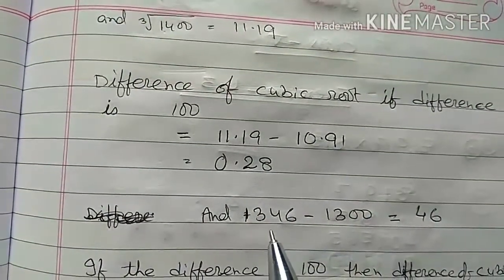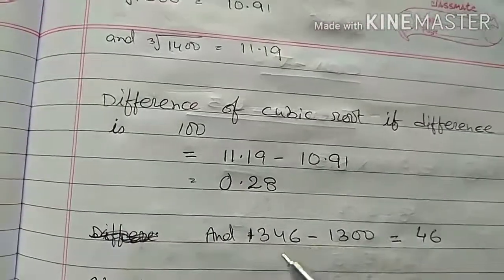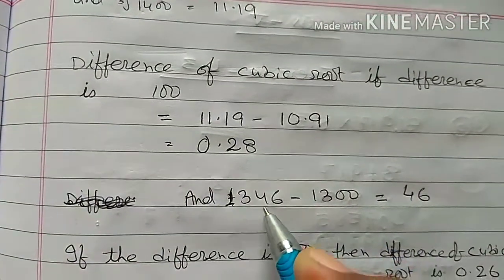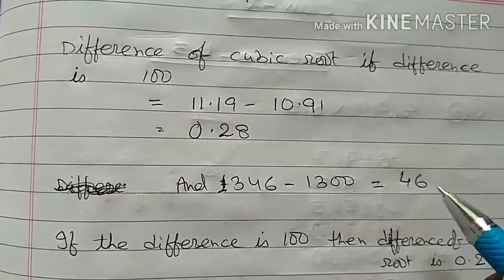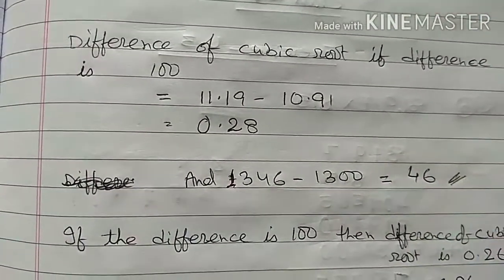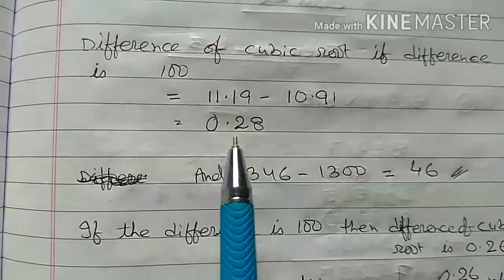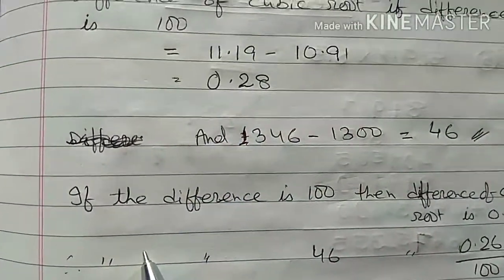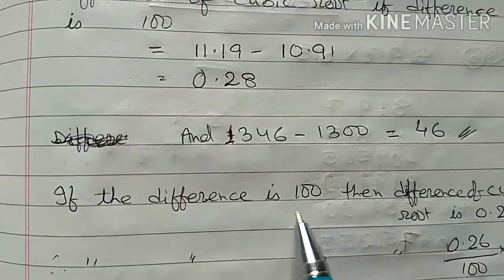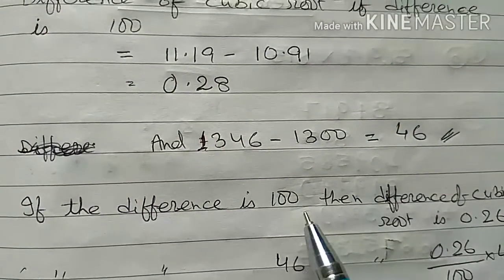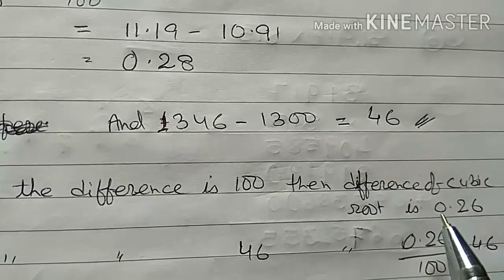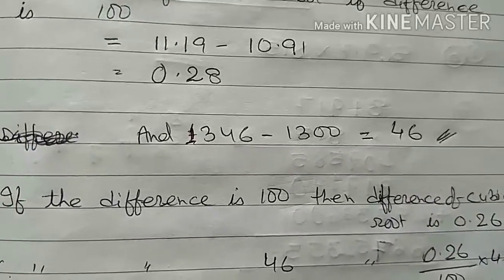So what will we get? 1346 minus 1300 is equal to 46. Okay, so as we discussed here, this is the difference of 100. So you can write as a unitary method, if the difference is 100, then the difference of cubic root is equal to 0.26.